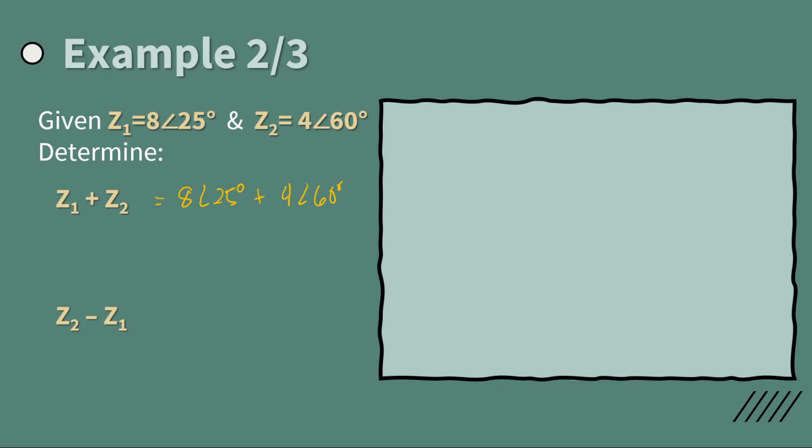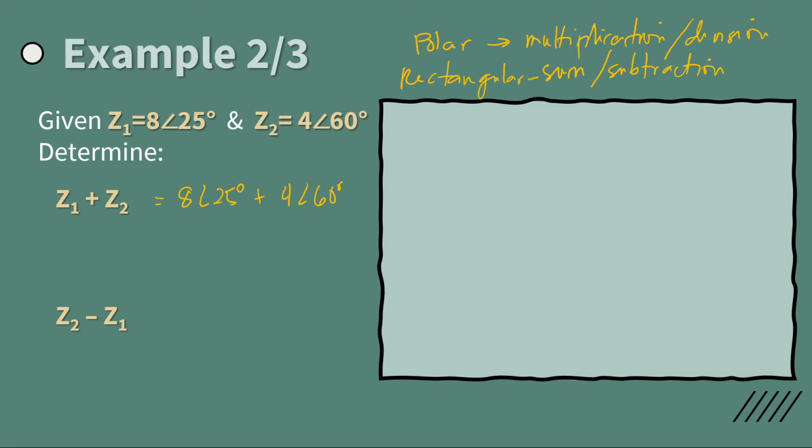Polar form is not good if you want to solve it manually. For polar, it's better to use it for multiplication or division, and for sum or subtraction, I would recommend rectangular form, because it's easier.